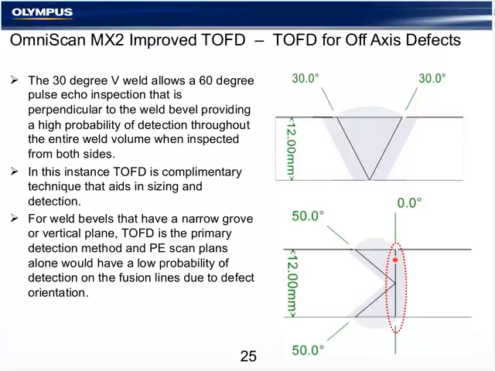Weld bevels of 10 or 15 degrees are not uncommon, and where we cannot use a pitch catch probe like done in the pipelines, the TOFD increases the probability of detection on this weld bevel enormously, and that's why it's useful.